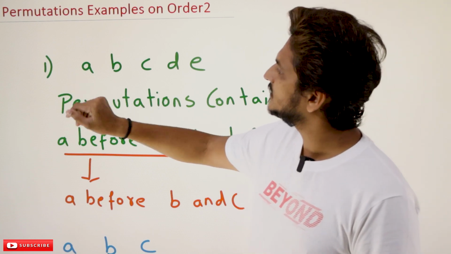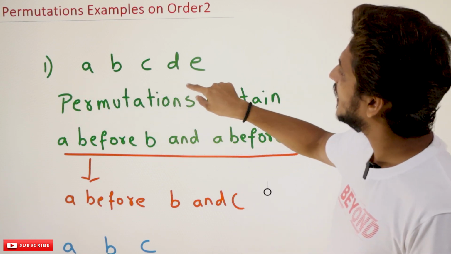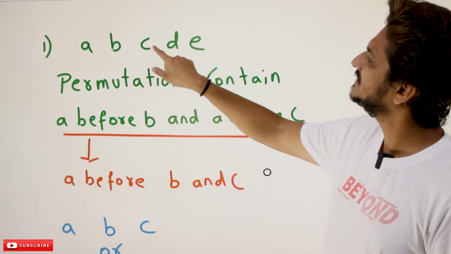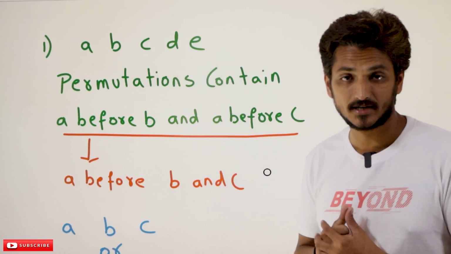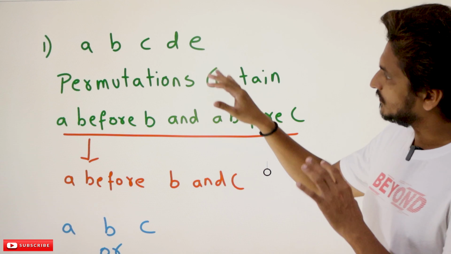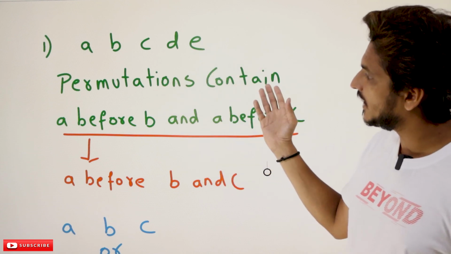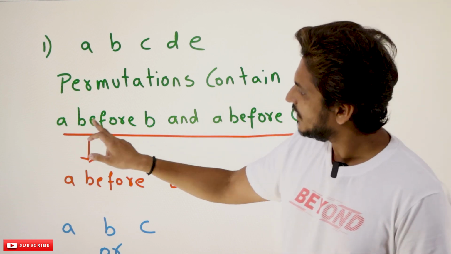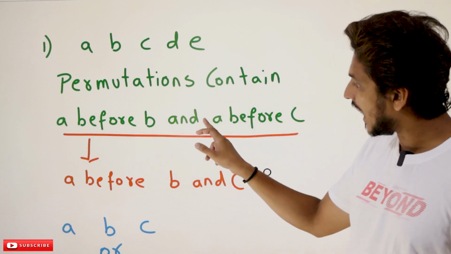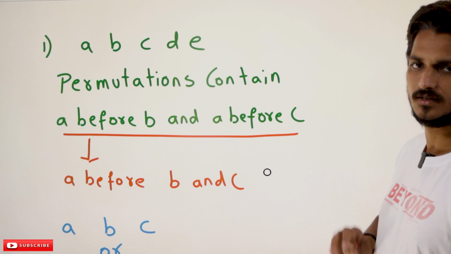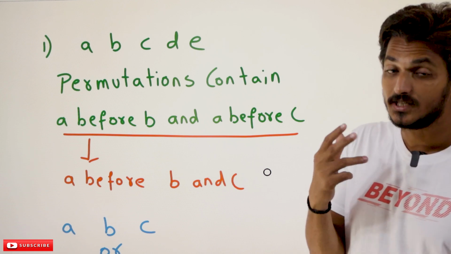So now coming to today's example, here they have provided A, B, C, D, E. These are the 5 characters they provided. From these 5 characters, we need to identify the permutations that contain A before B and A before C. See, these 2 conditions should happen.